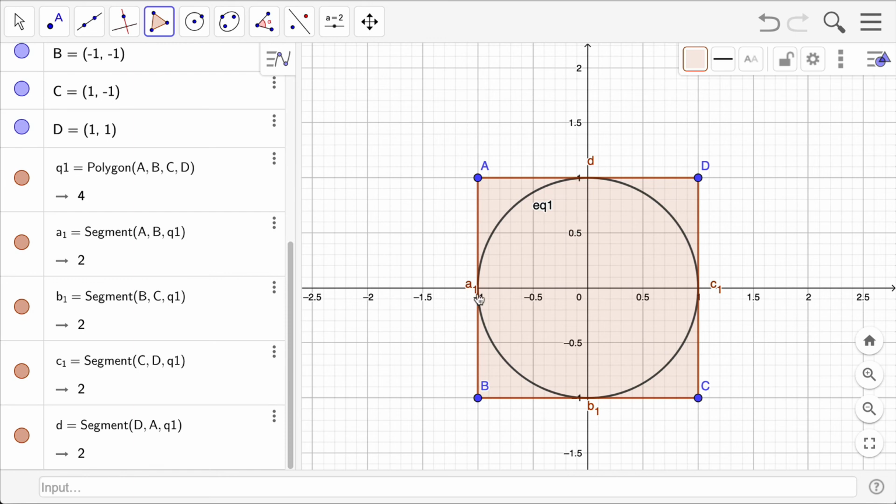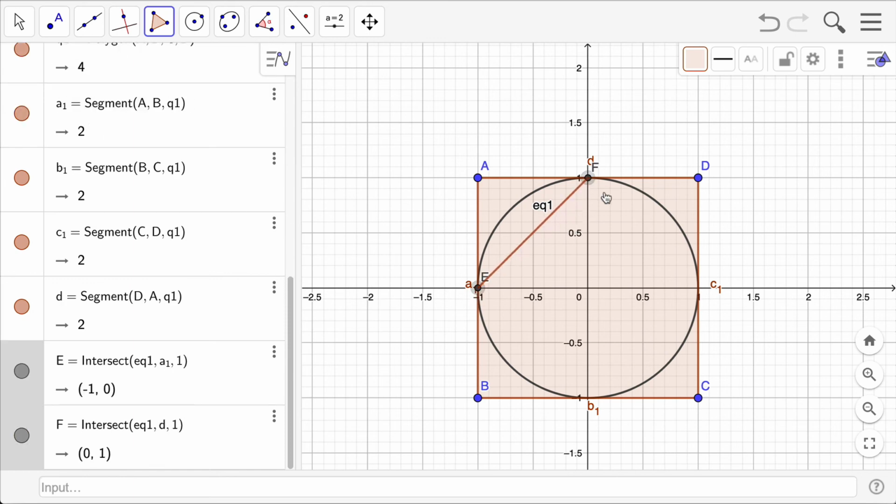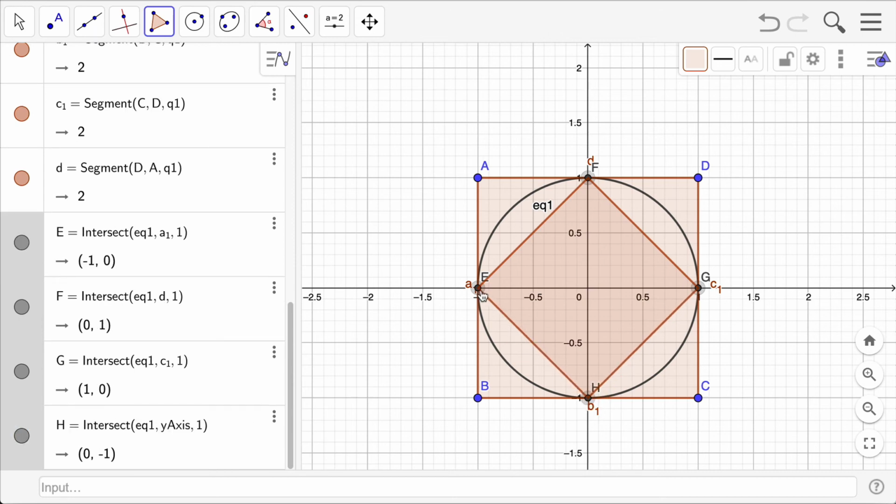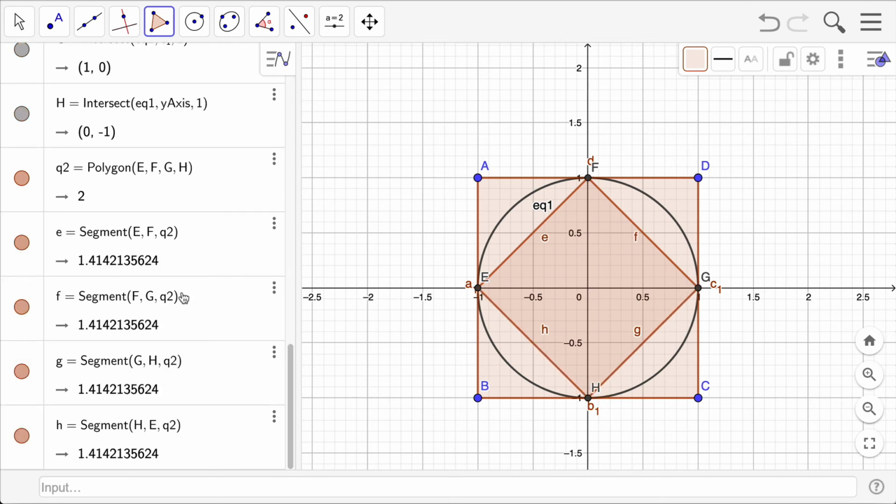And then you can get a square inside. There we go. That's our other polygon. That has area 2. And so already we have the side lengths here are the square root of 2, and so when you multiply them together you get 2.